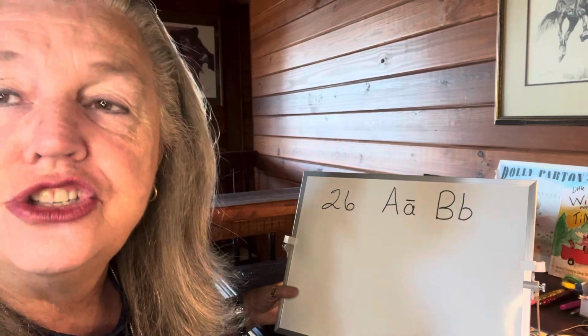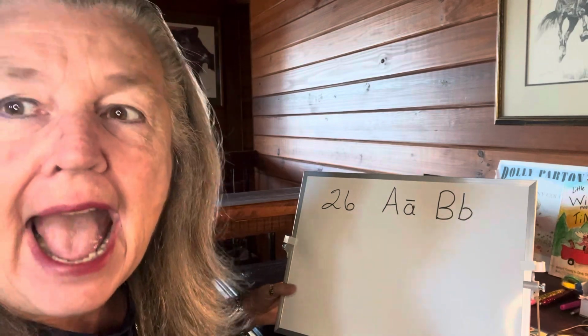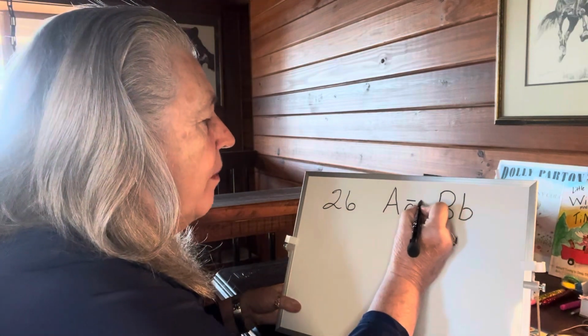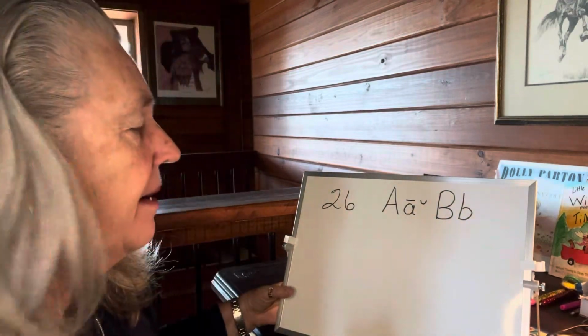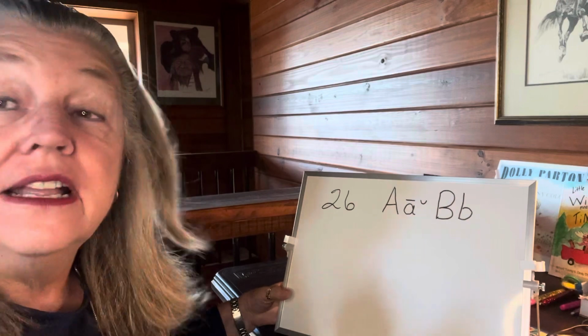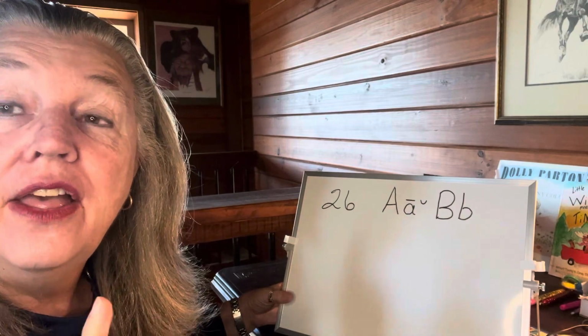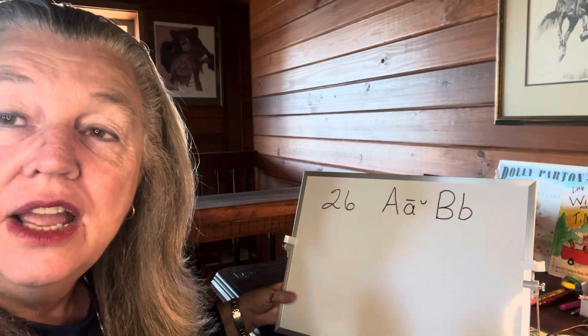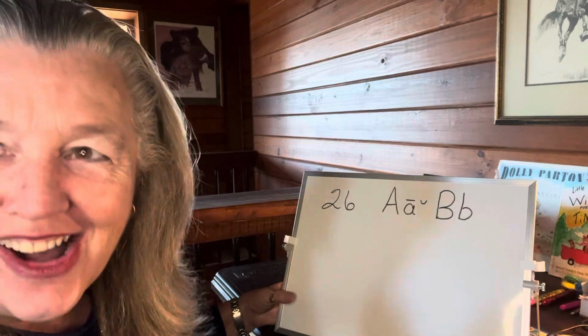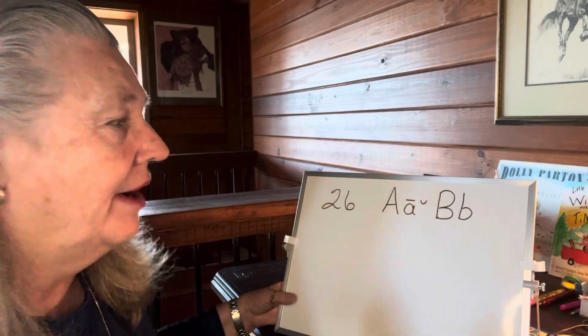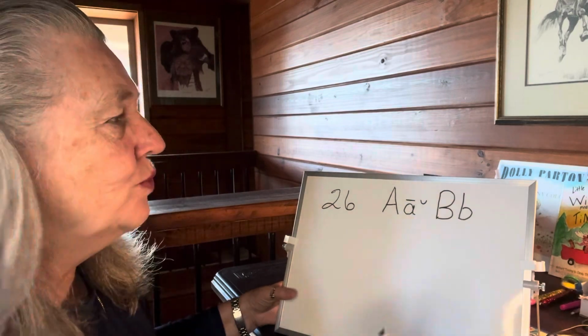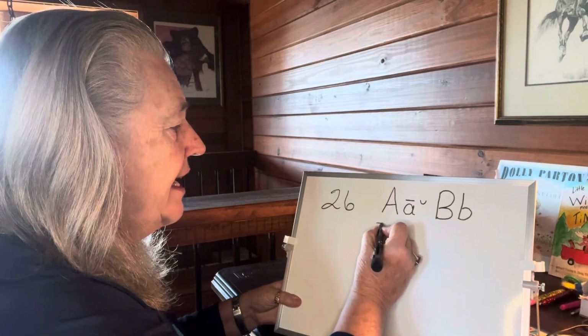If it is a short and says a, like apple, we code that with a short, like a little smiley face, okay? Now, the letter B is a what? Consonant. So it's just B. All right? Today, boys and girls, we're going to do the letter C.